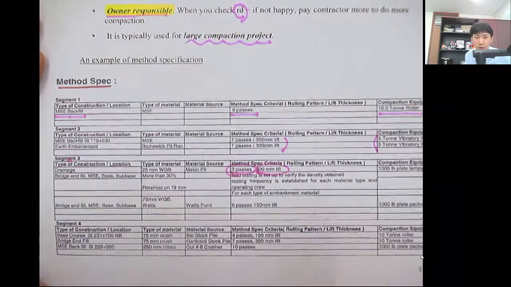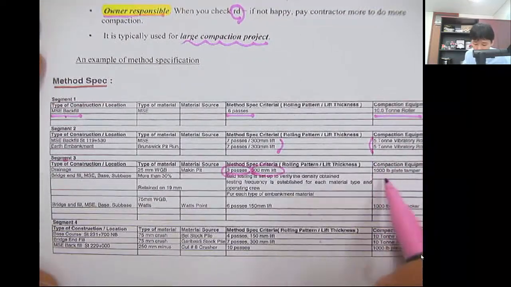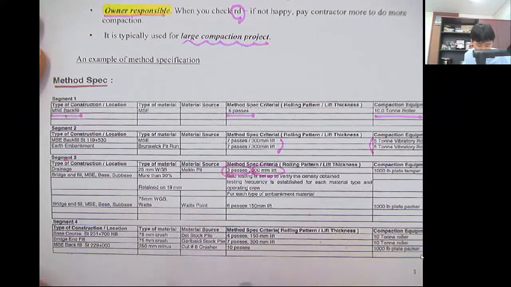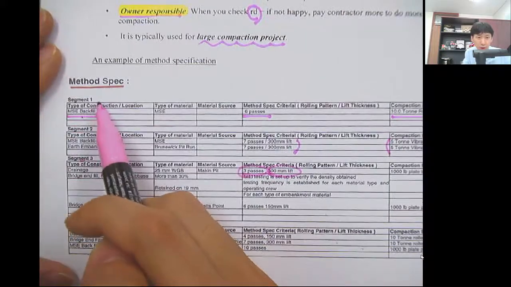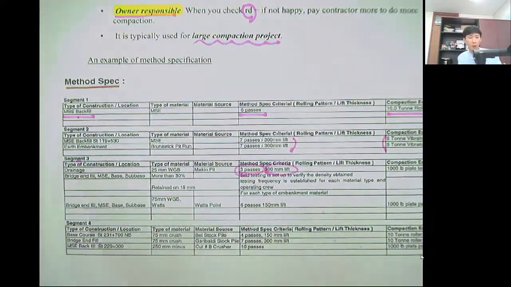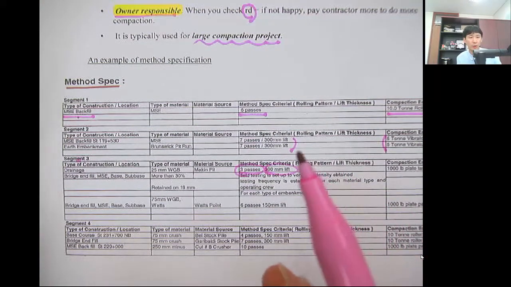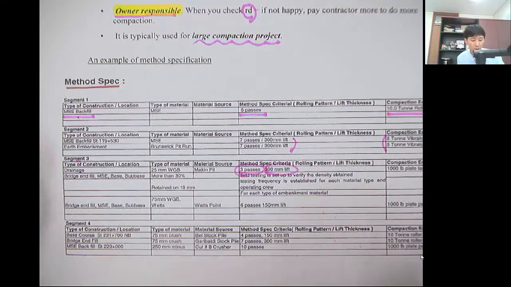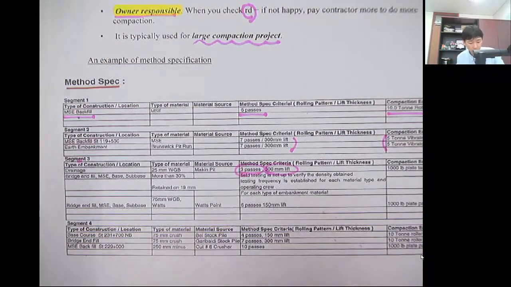So lift is the thickness of the layer, and 1,000-pound plate tamper, so things like that. So you can see that depending on the segment, it means that like this 1 kilometer is one segment, and after that another 1 kilometer, the segment 2, like that. So for each segment, all the methods for the compaction are given.